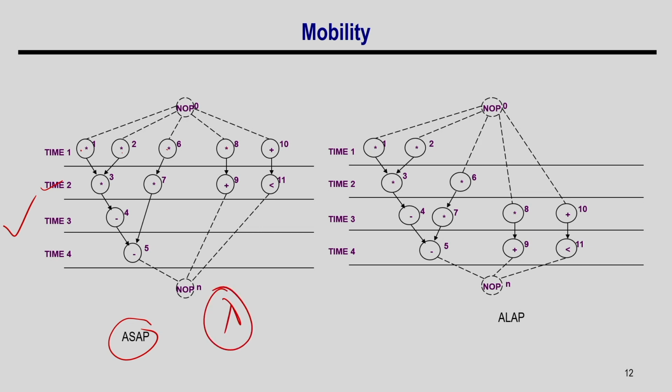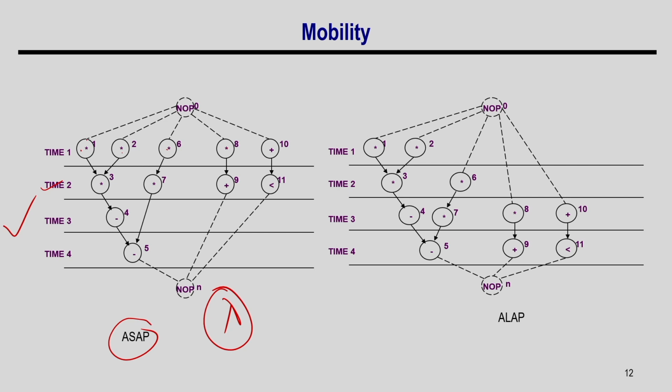Because it is an unconstrained schedule, you never think about the resources. So, ASAP always gives you the minimum number of timestamps needed to schedule the operations, provided there is no resource bound. That is the latency bound: whatever the scenario, you cannot schedule this behavior in fewer than 4 cycles. That is what ASAP gives.